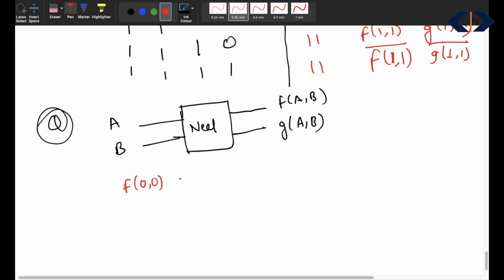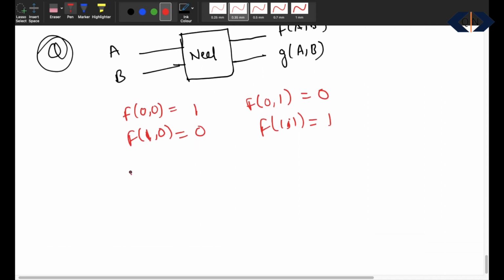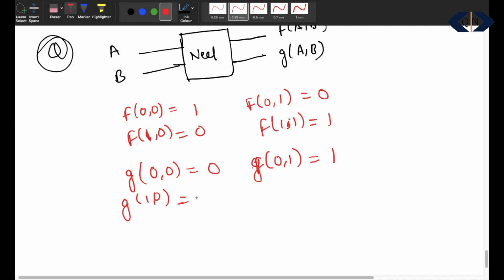Now what are the functions of A and B? F of 0 0 is 1, F of 0 1 is 0, F of 1 0 is 0, F of 1 1 is 1. And our second function: G of 0 0 is 0, G of 0 1 is 1, G of 1 0 is 1, and G of 1 1 is 1.